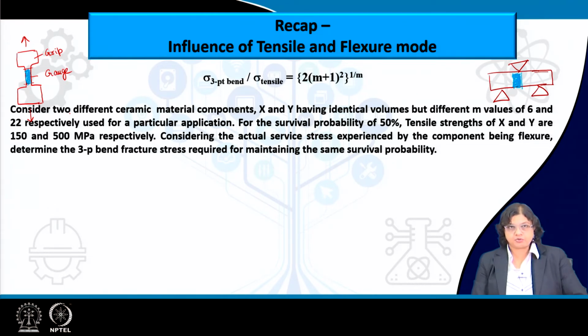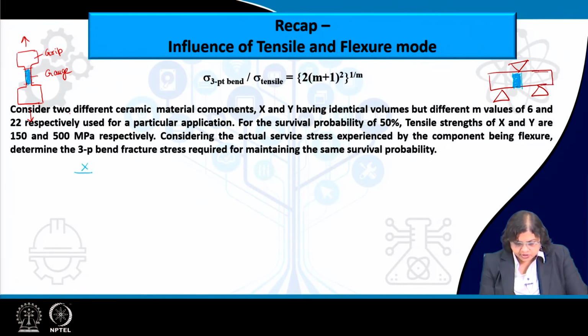Like the previous problem I have kept it exactly the same, but in this case, apart from the service volume, we are changing the mode of loading in service, the service one being flexure loading. We want to determine the 3-point bend fracture stress required for maintaining the same survival probability. So, let me solve this one more time.